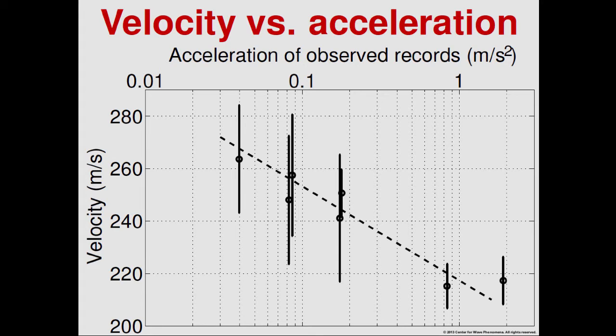As we can see, the estimated velocity negatively correlates with the acceleration of the observed records. So the velocity estimated from a strong earthquake is slower, which indicates that we can extract the nonlinear response of this building by using seismic interferometry.